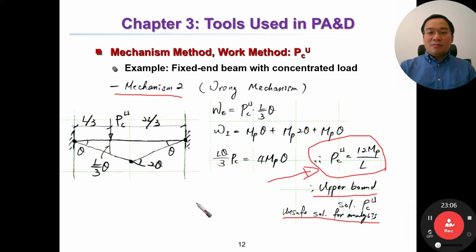Please remember, if we use the work method, we can observe a solution, but it is an upper bound solution, so it is not safe for analysis problems. However, we can observe the solution.